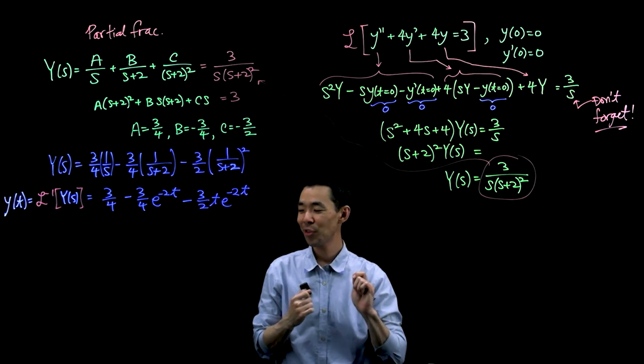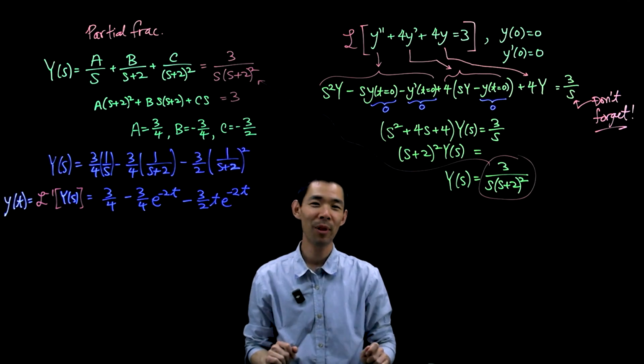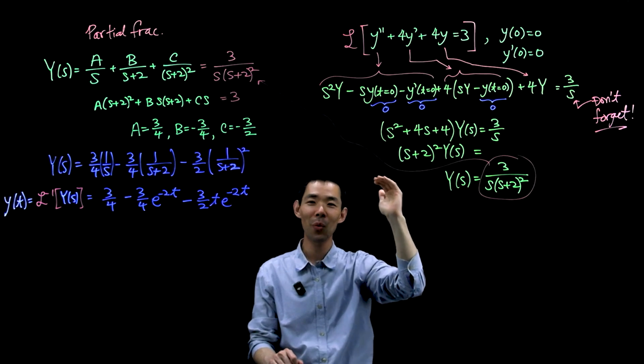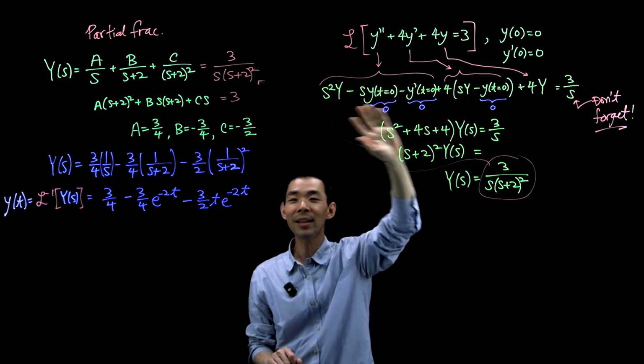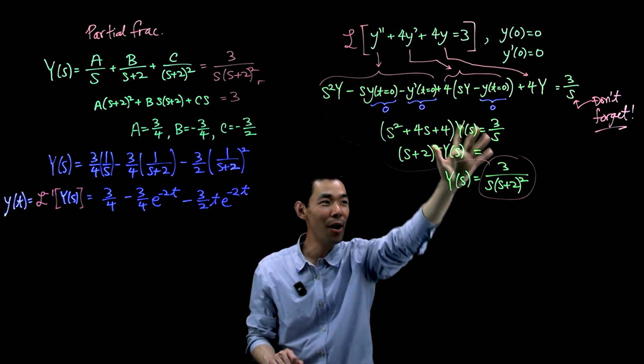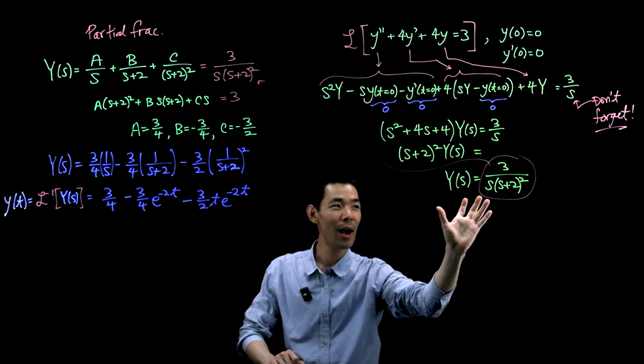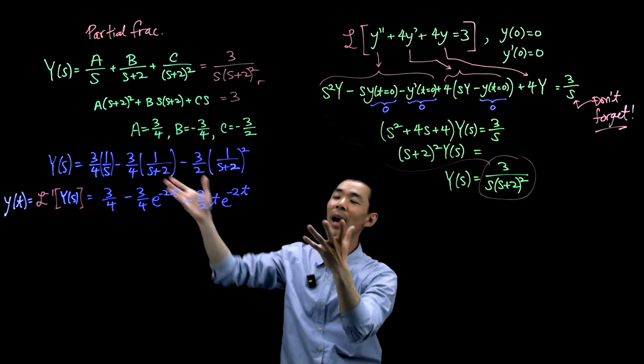Easy. The beauty of Laplace transforms is it puts together this very systematic way of taking the Laplace transform, solving an algebra problem, and this is the most difficult part. Once you have the algebra solution, you have to use some kind of trick.